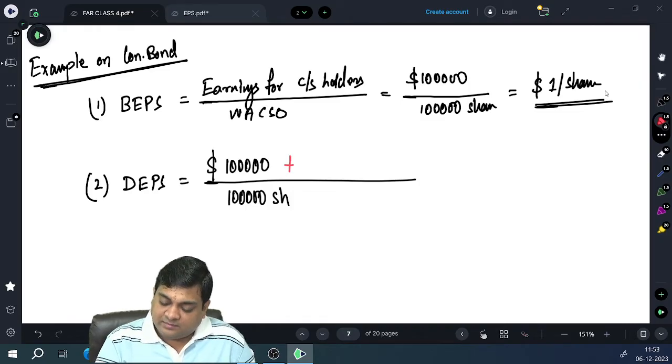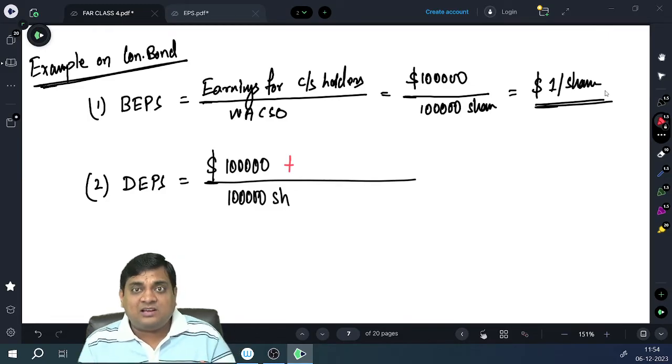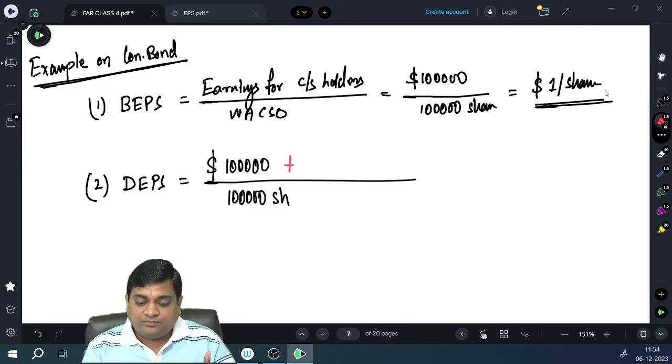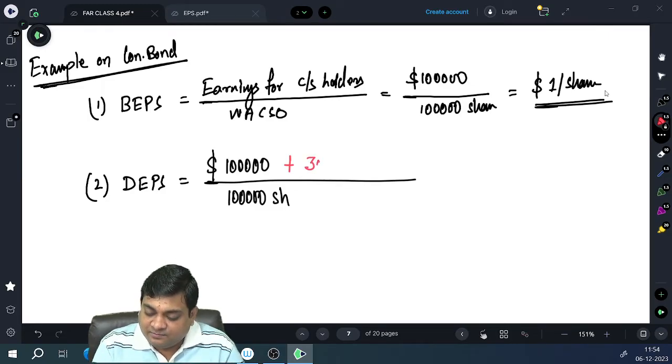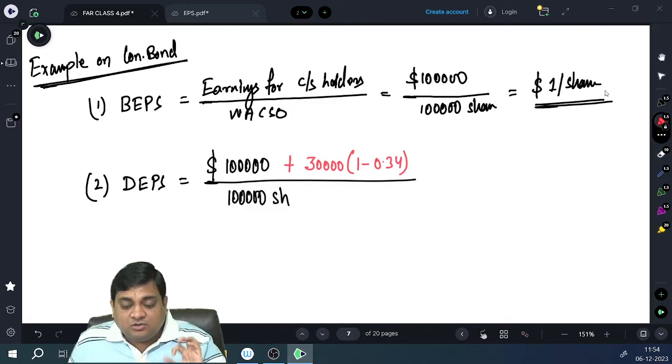If converted, there will be interest savings. So how much is interest? $5 lakh is the bond par value. So bond value into 6%, 30,000. But we need to take net of tax. Tax is 34%, so 0.34.